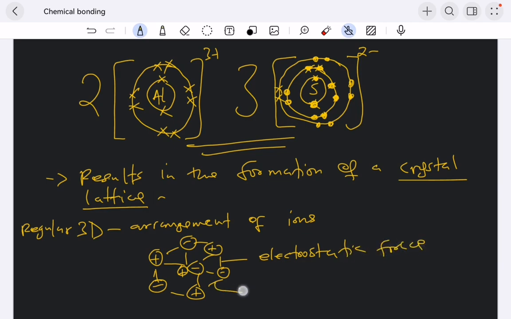But what is existing there is just an ionic bond. So we see something like a positive, negative, negative, positive type of arrangement. So in 3D, this is what we have, and it's called a crystalline lattice.